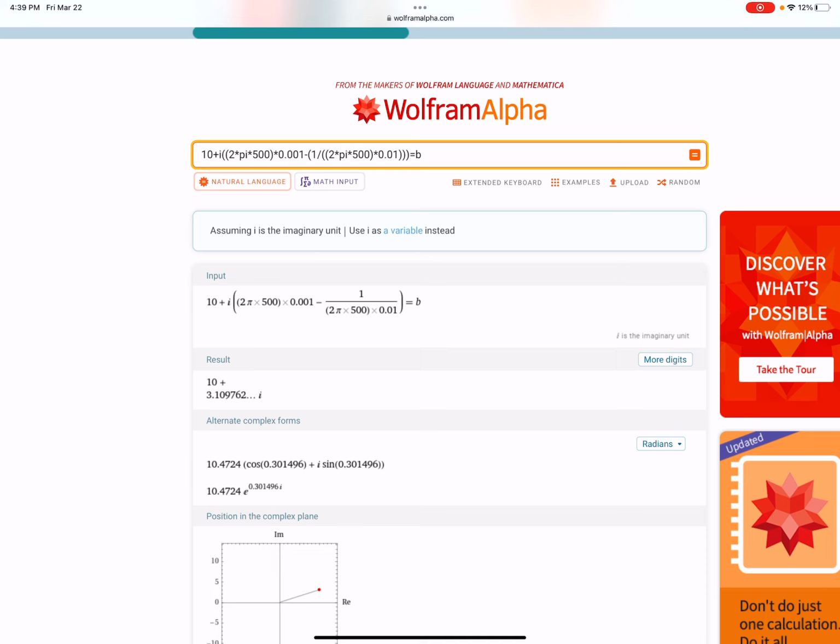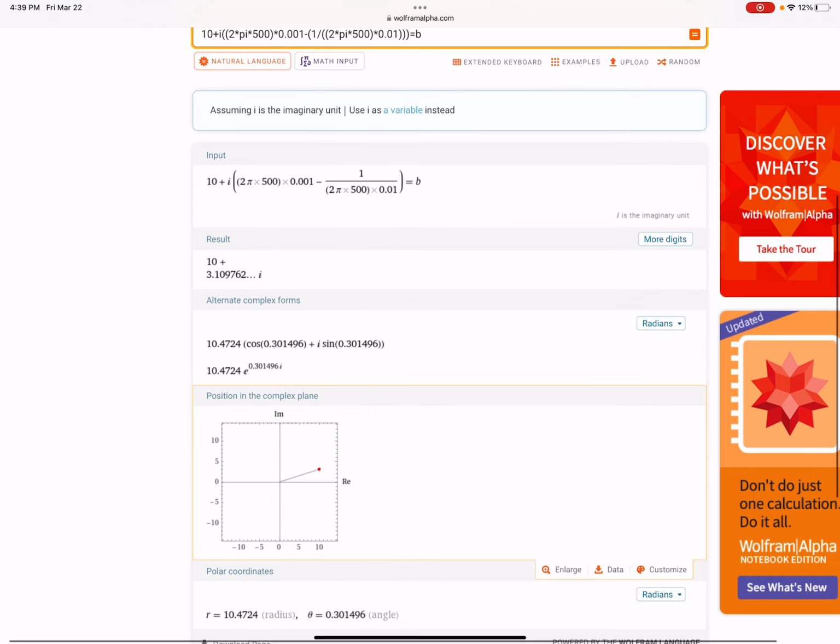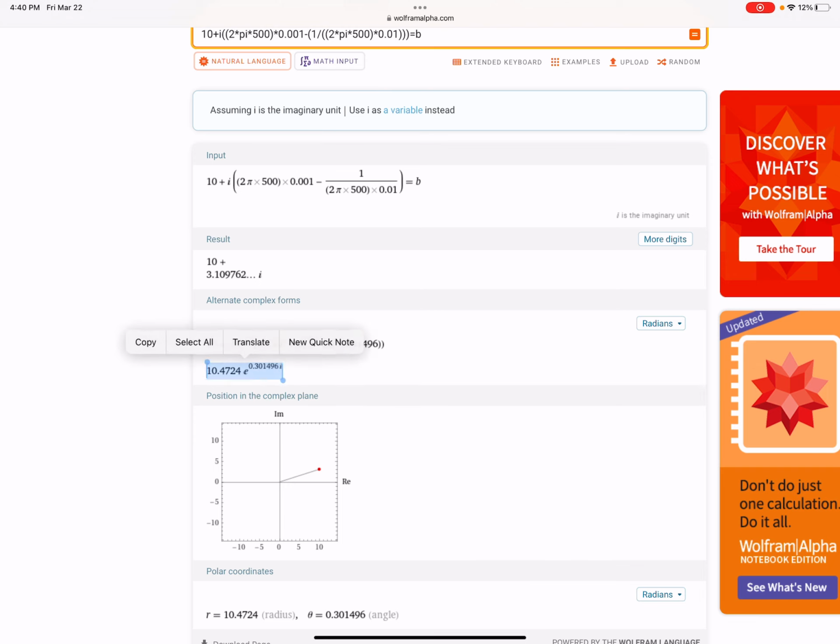So that 10, I look at that and say, oh, that's my real piece, plus the 3.1097, that's the imaginary piece, right? Those are those vectors that make up this triangle down here on this imaginary real plane. But the nice thing is, oh, look, I mouse over, I'm not mousing, but you can see there's the Euler expression that has the magnitude of that vector and the phase angle of it. Okay, so I like Wolfram Alpha for that.